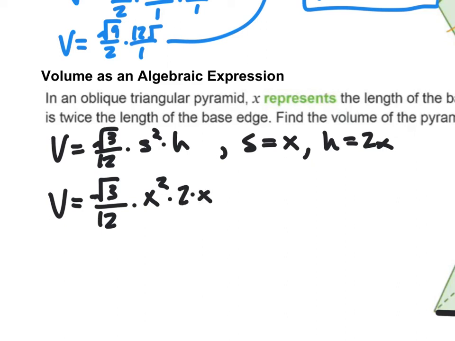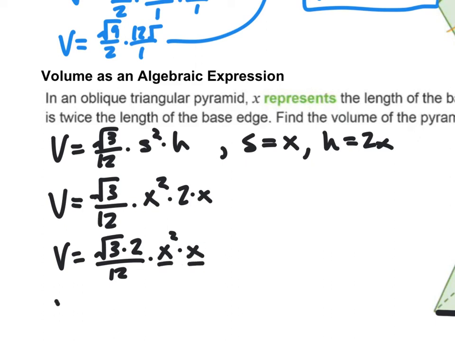Now I can combine some things and reorder them. Volume is equal to the square root of 3 times 2 over 12, times x squared times x. Now x squared times x gives me x cubed. So the volume is the square root of 3 times 2 over 12 times x cubed.